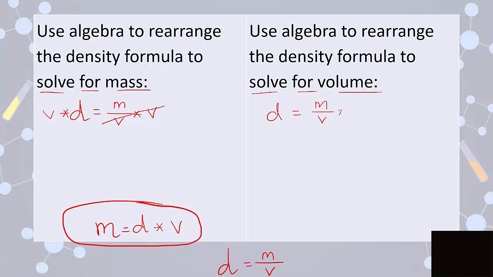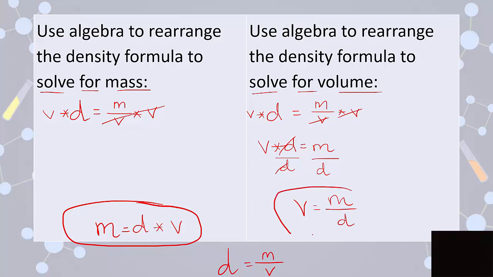So first things first, we're going to get volume back up to the top by multiplying both sides by volume. So that goes away. So we have volume times density equals mass. We're halfway there. Now, to get volume by itself, we need to get rid of this density. And so we're going to divide both sides by density. The density cancels, and we get volume is mass over density.